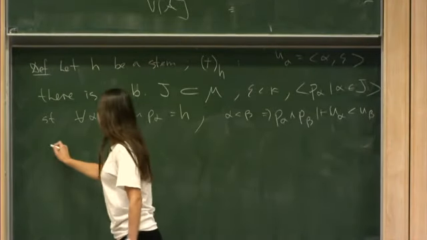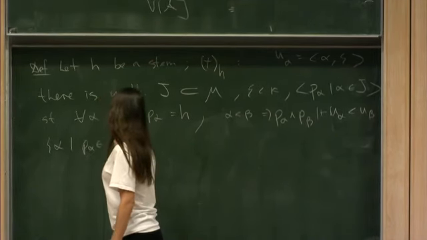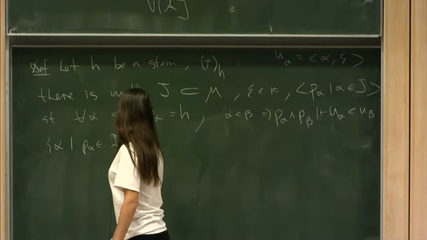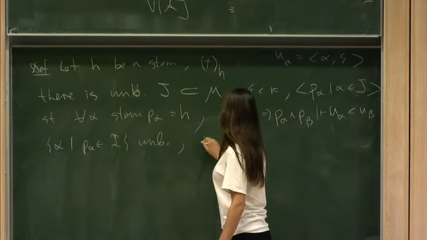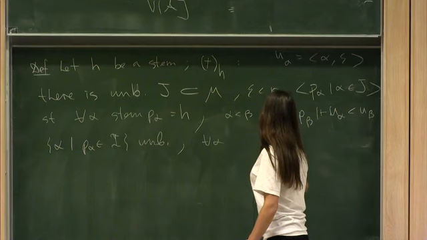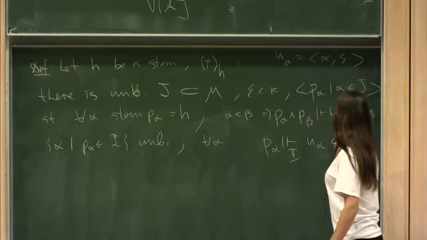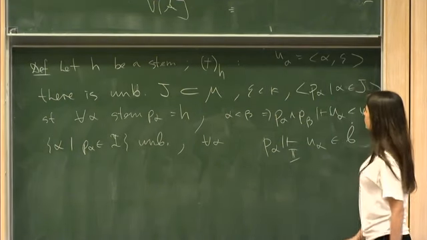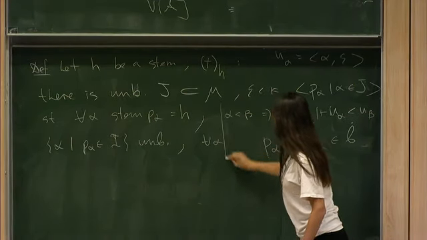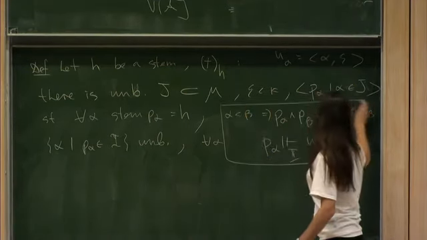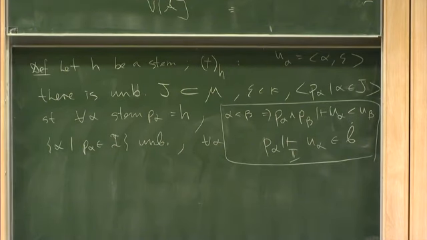And the set of alpha such that p alpha is in I is unbounded. And for all alpha, p alpha forces over I that u alpha is in the branch. Okay, so these are the two key parts.